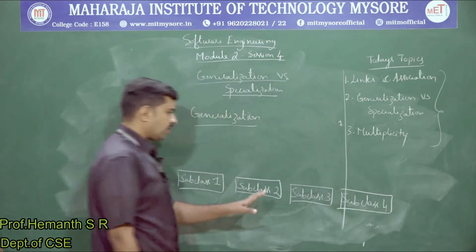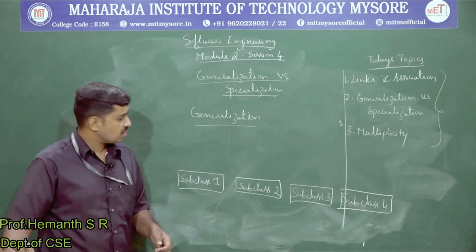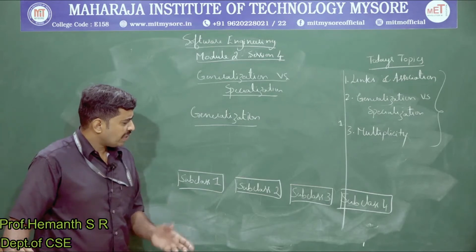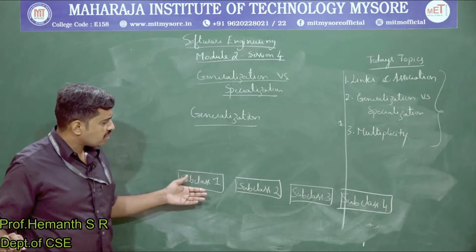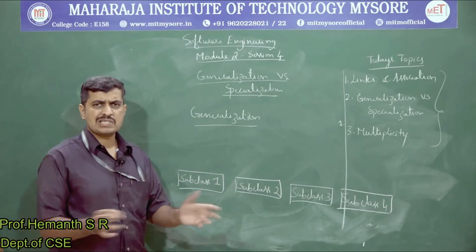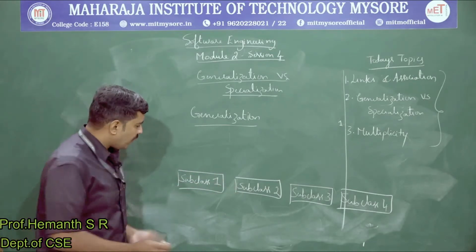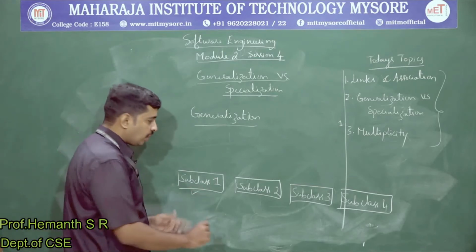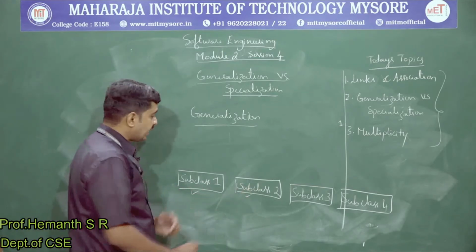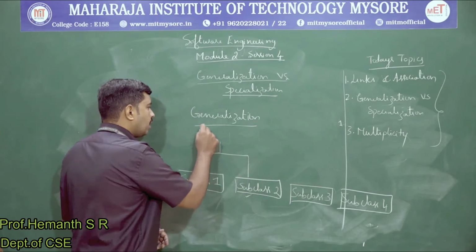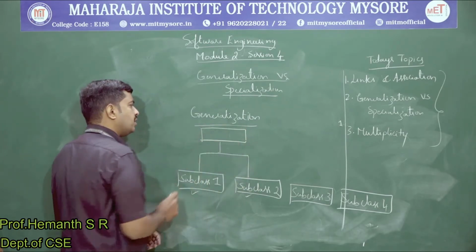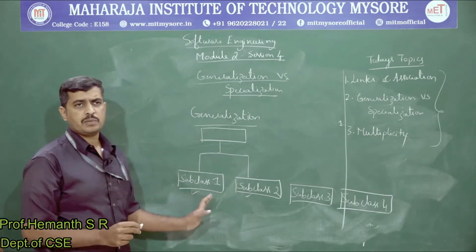In my example there are 4 subclasses. Now we will assume subclass 1 and subclass 2 have attributes and operations which are closely similar to one another. So a few attributes in subclass 1 can be combined with subclass 2. In that case, I'll combine these and create a generalized version of these two subclasses.